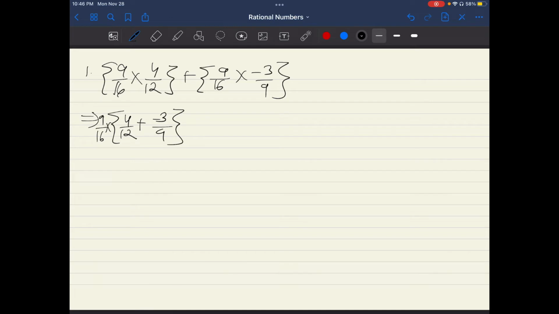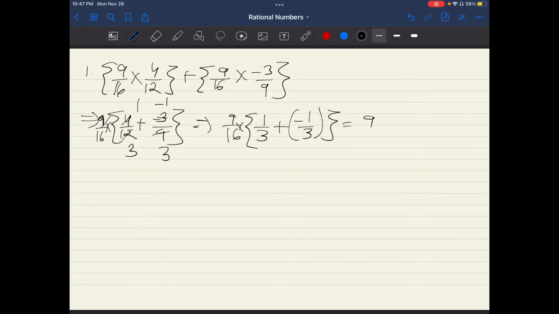So we can simplify this a little bit, and we can say 1 over 3 minus 1 over 3. You can say 9 over 16 multiplied by (1 over 3 plus minus 1 over 3), which is 9 over 16 times 0, which is 0.